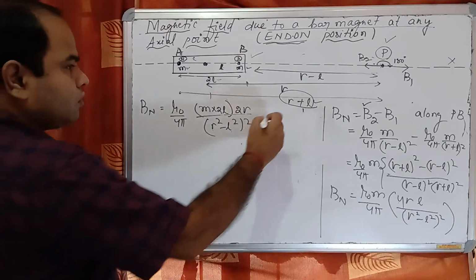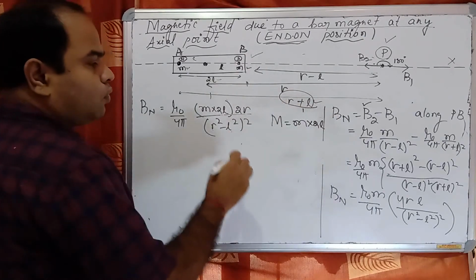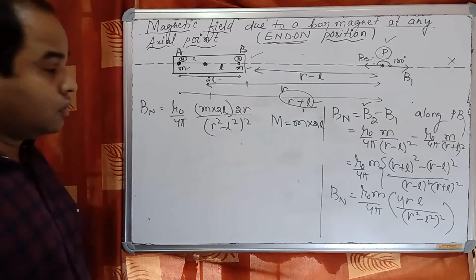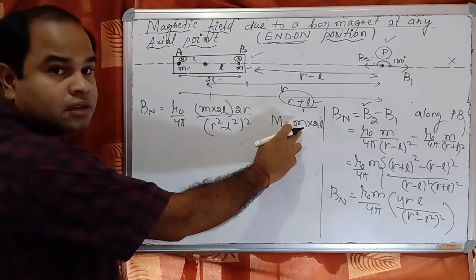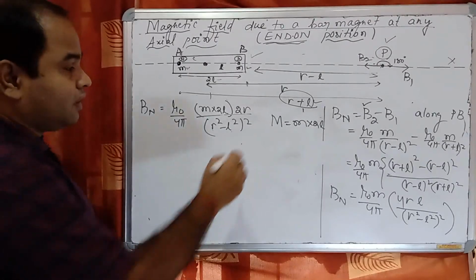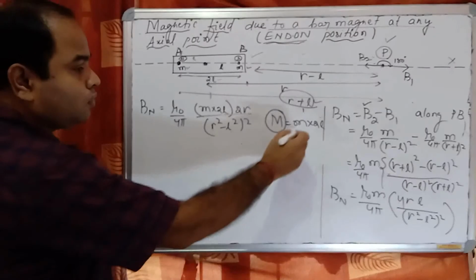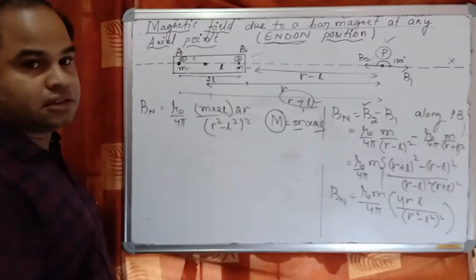Again we know that dipole moment is equal to pole strength into magnetic length.